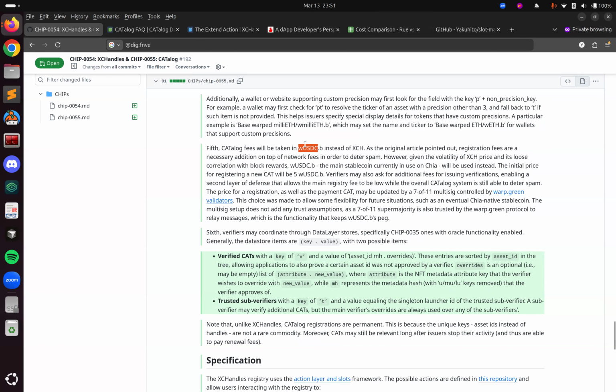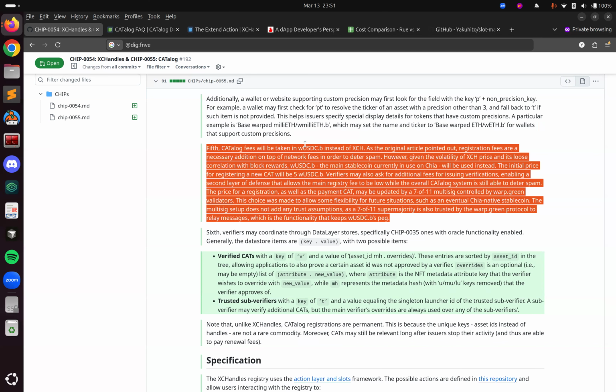As I addressed before, the warped USDC.b will be used for Catalog as well. And now the multisig only has the power to update the asset that the payment is taken in, and the price.